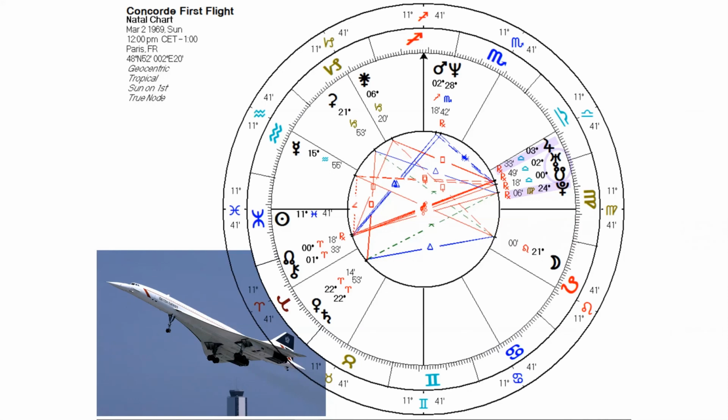Pluto is that midget. It's a tiny little object, and Jupiter is the largest. So first of all, you have two very potent and expansive energies. Pluto is transformative. Pluto wants increase, growth, transformation.